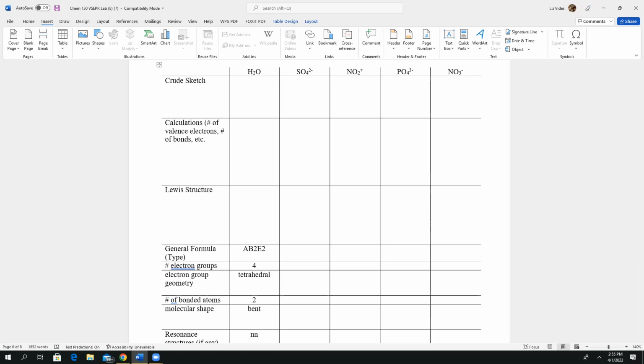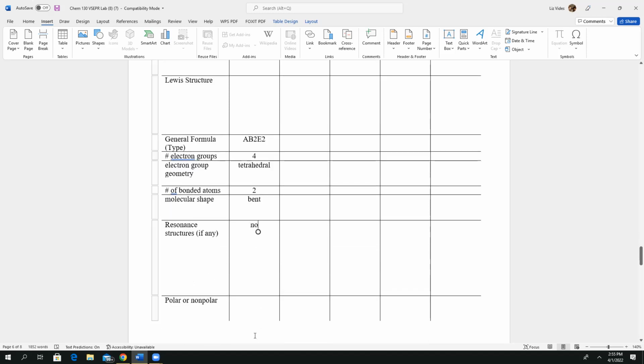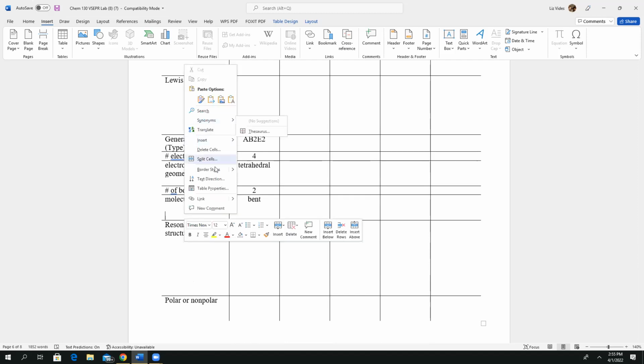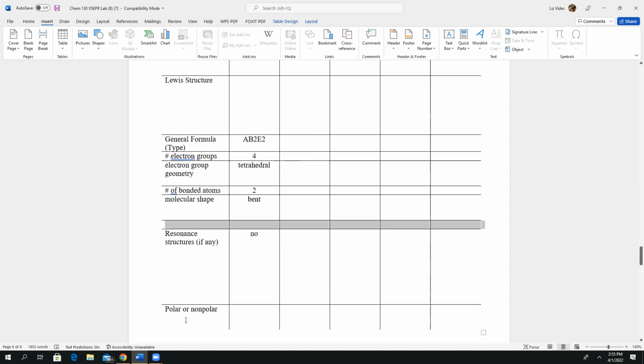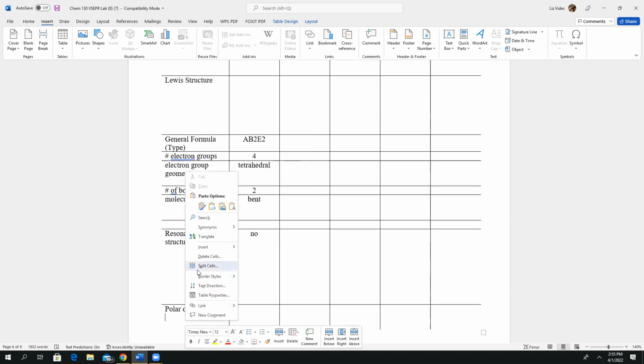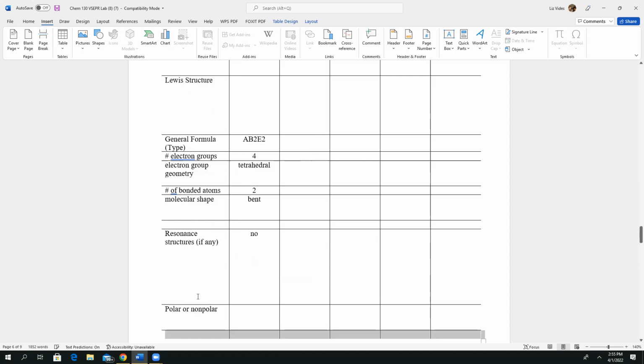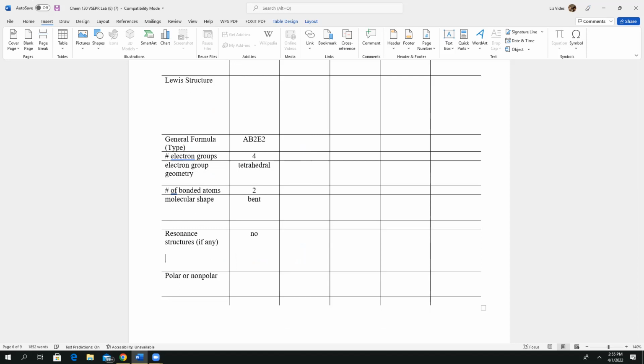Oops, it's supposed to be no. And oh, we did not add the angle. Okay, I need to add both of those to this one again. All right, let's insert rows below and insert rows below here too, so we can add these 2 things. We don't need all this.